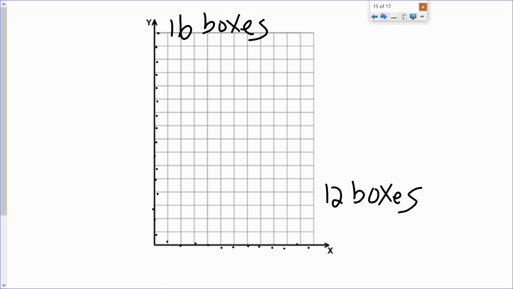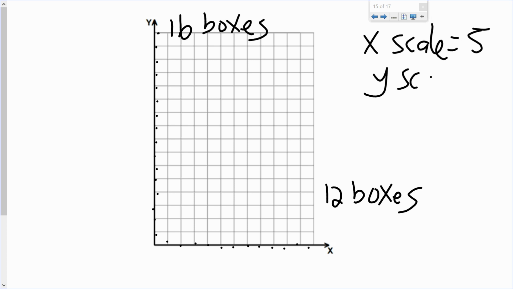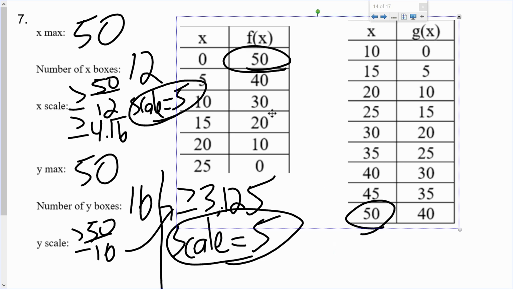So my x scale is 5. My y scale is 5. Let's bring over the table.